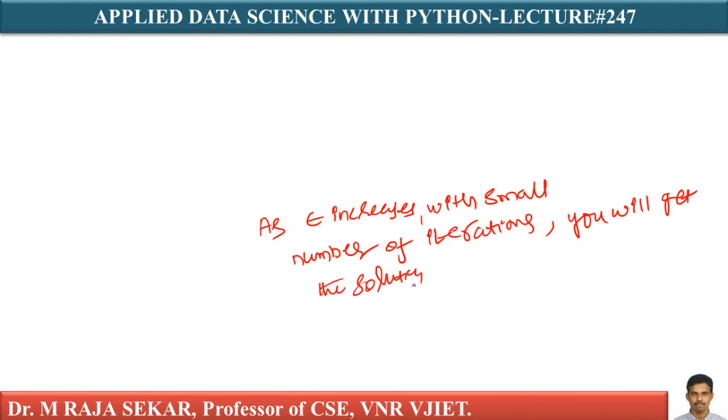Isn't it? That's what epsilon indicates. That's the importance of epsilon. Epsilon tells how fast, how much you should change from one iteration to the other.